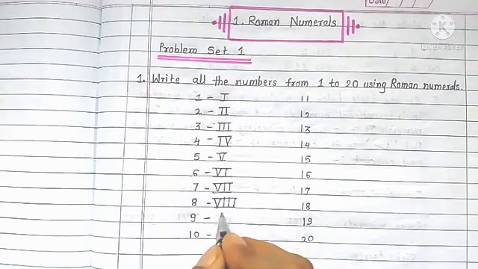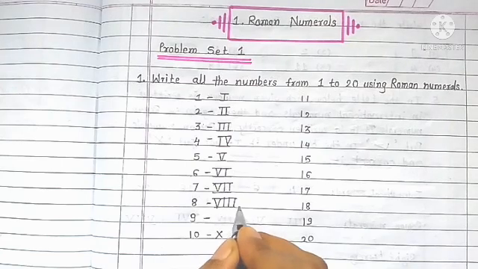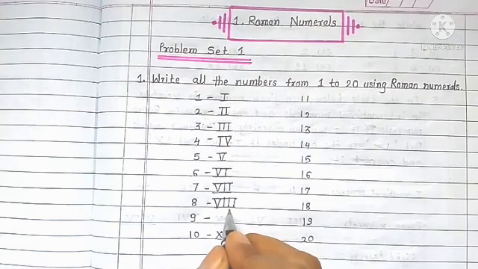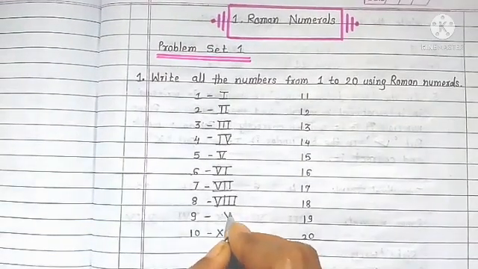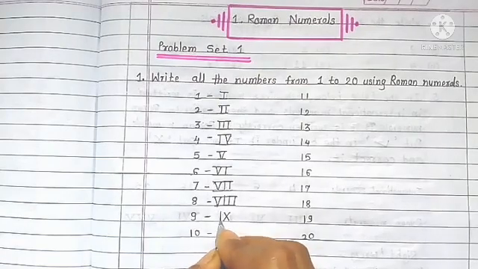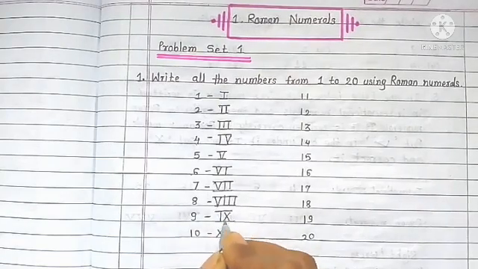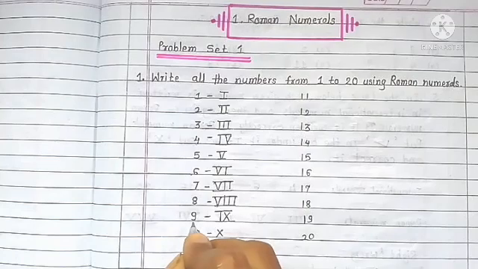Then for 9, you cannot write IIII because I can be written only 3 times. So for that, you take X and before that you write I, which means 10 minus 1 is 9.